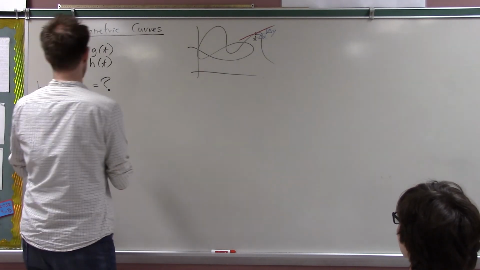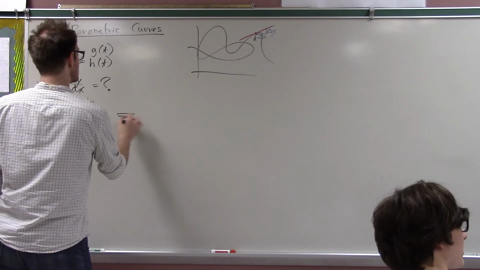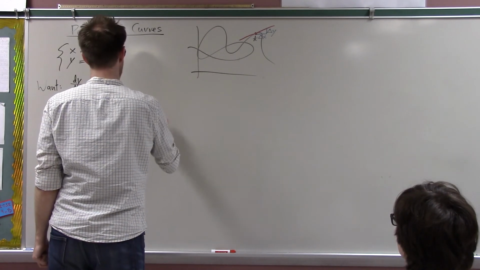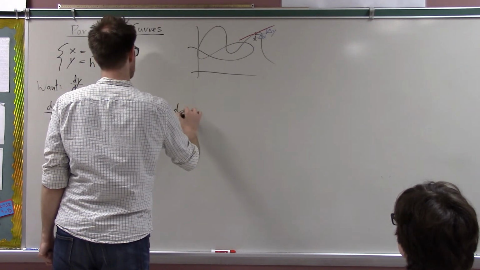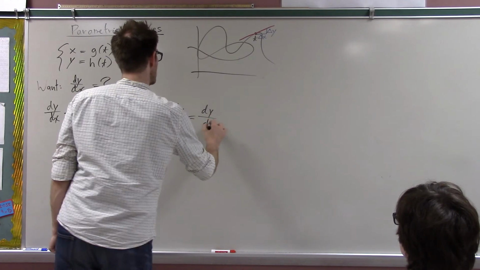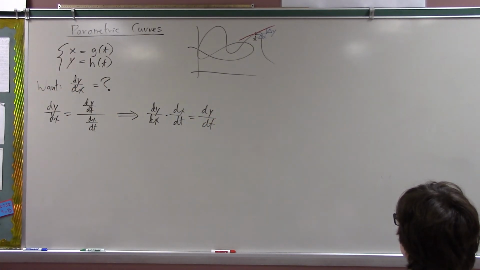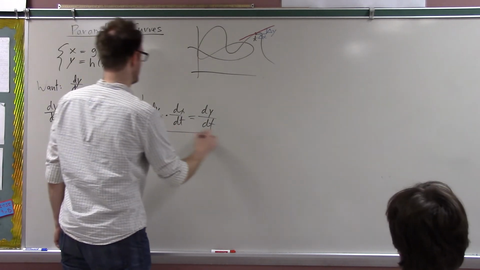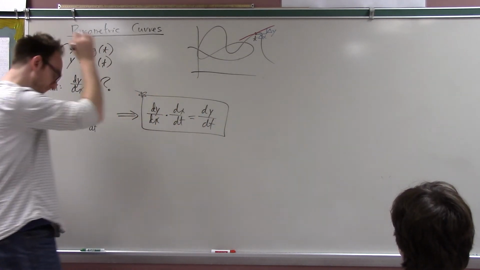This is really saying the same thing as dy/dx times dx/dt equals dy/dt, and that's the chain rule in one of its forms.